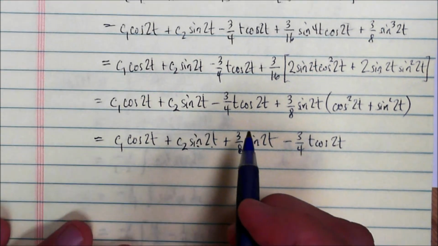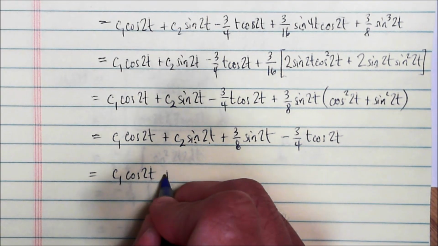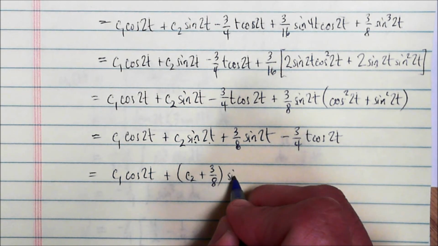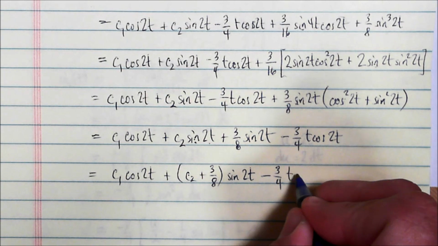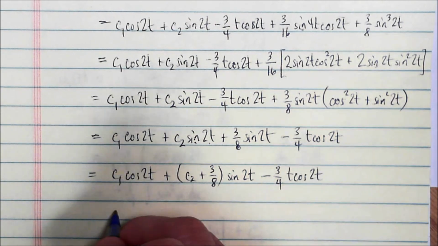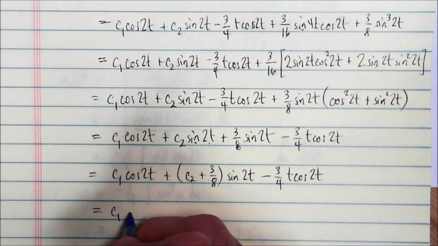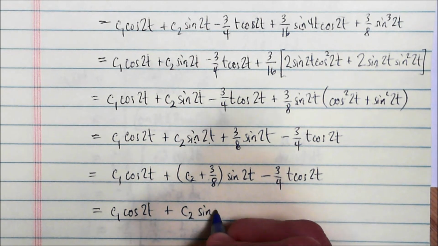Now I can factor out the sine 2t out of these parts, so C1 cosine 2t plus C2 plus 3/8 times sine of 2t minus 3/4 t cosine 2t. So here I have an arbitrary constant plus 3/8. An arbitrary constant plus 3/8, of course, is just an arbitrary constant.